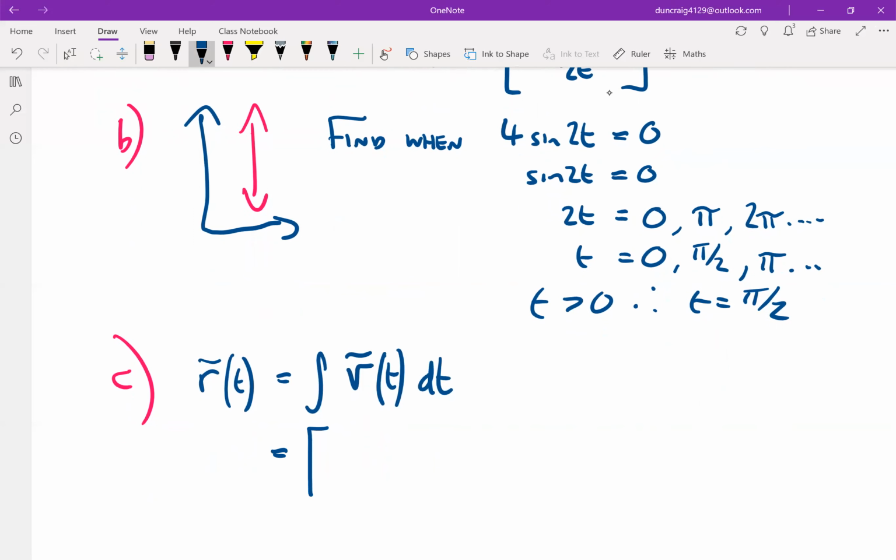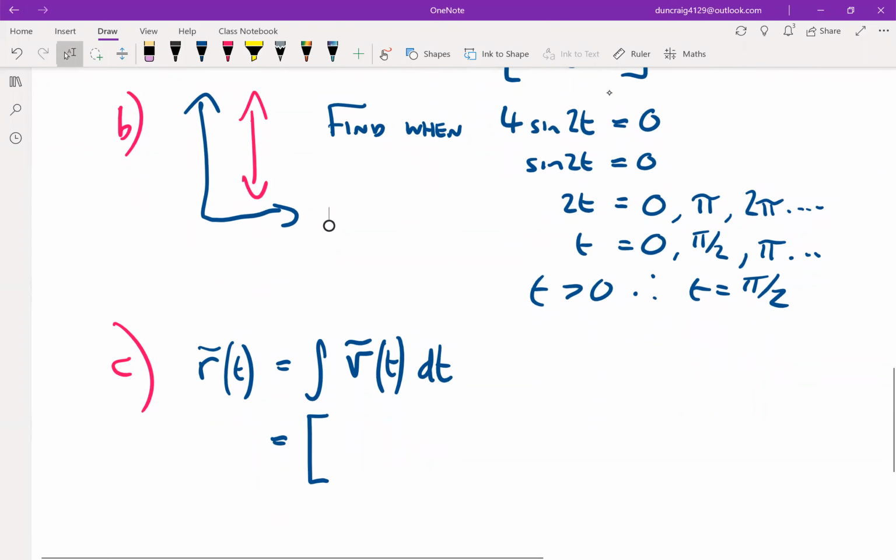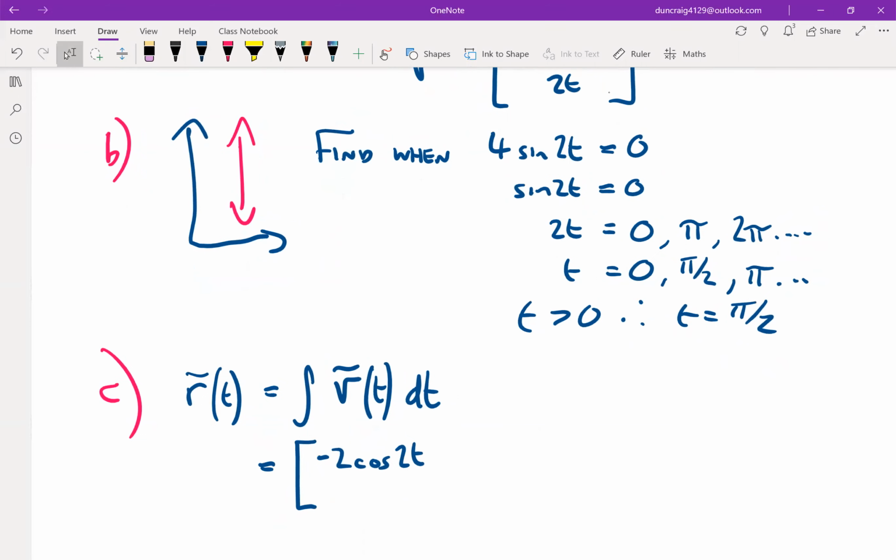Integrating sine becomes negative cos, so that's going to be negative 2 cos 2t, and we're going to get t squared, plus c. So that's our vector there.